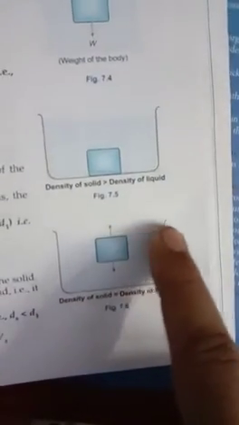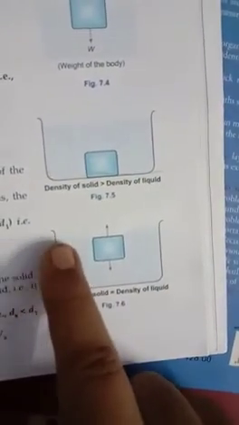When ds equals dl, at that time the body will just touch the surface of the water level, neither sinking nor immersed in such a situation. When the density of the liquid is greater than that of the solid, at that situation the body will sink into the water or into the liquid.